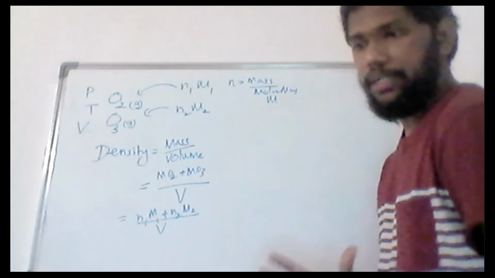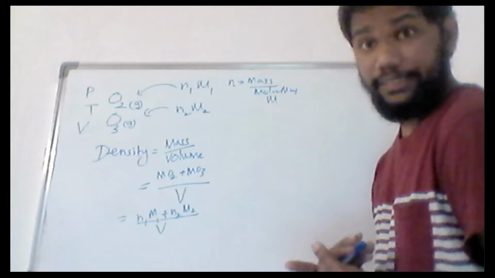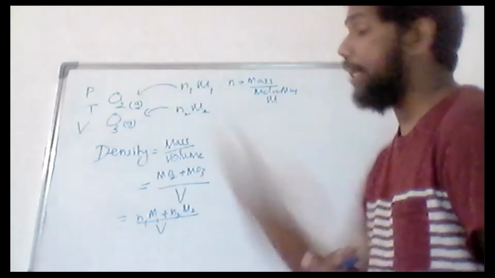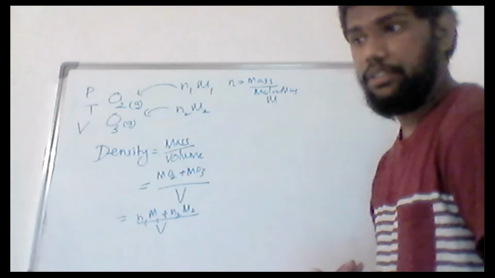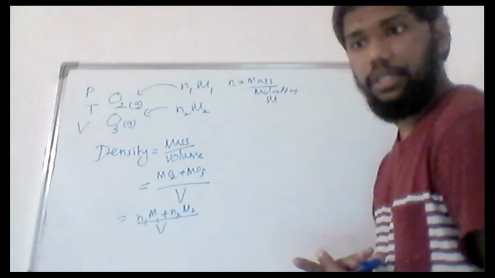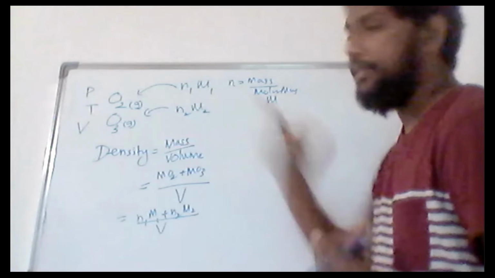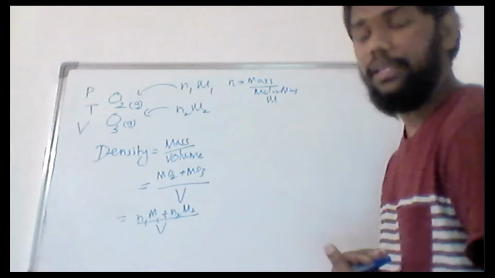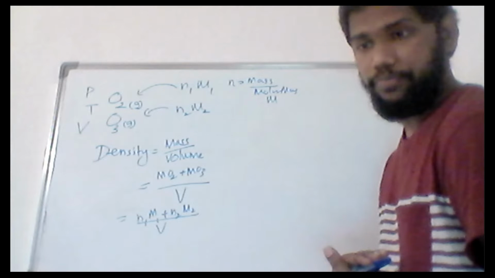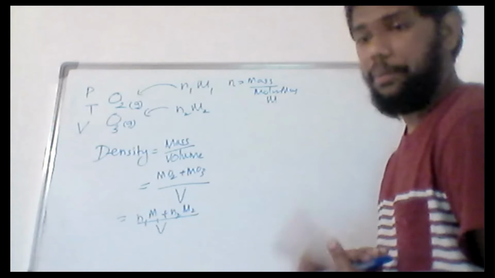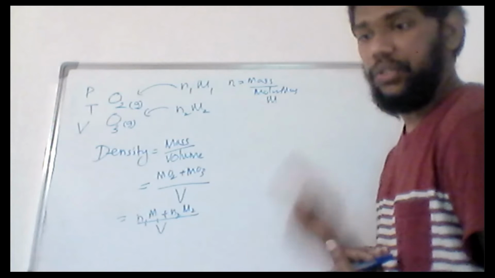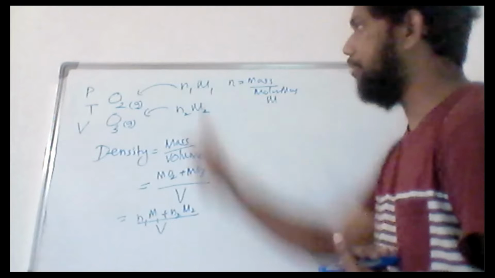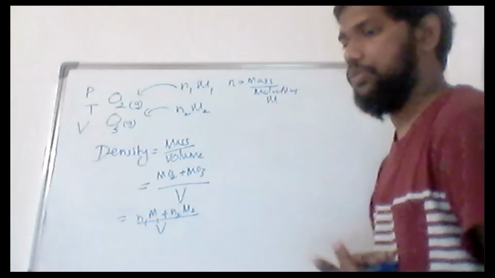Because in solution, when you describe concentration, you can separately write down a concentration for oxygen and a concentration for O3 because their numbers of moles are different. So concentration is number of moles divided by the volume. But remember, concentration you need to specify for each of these two.